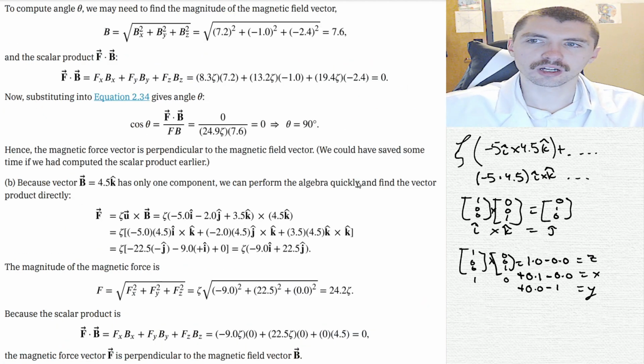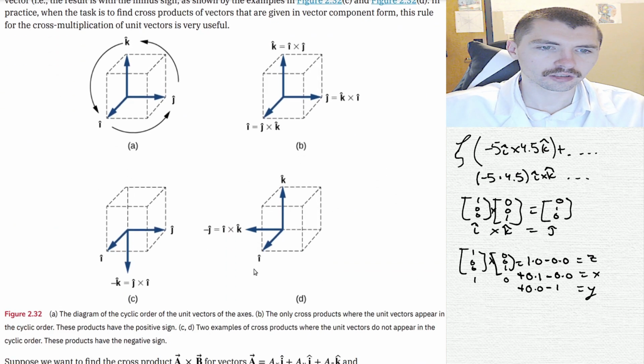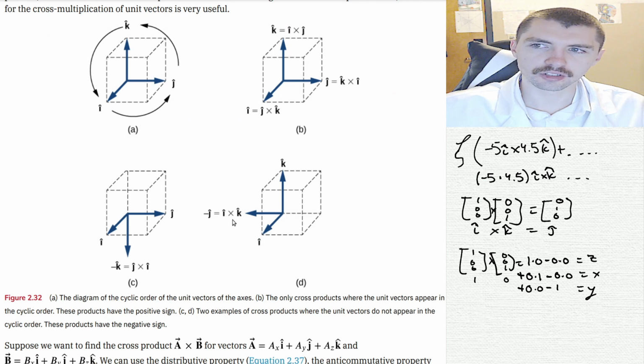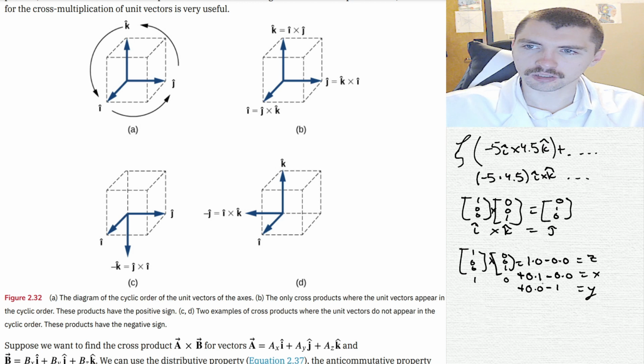Let me see what i cross k is. i cross k is negative j. Okay. So this should be j.